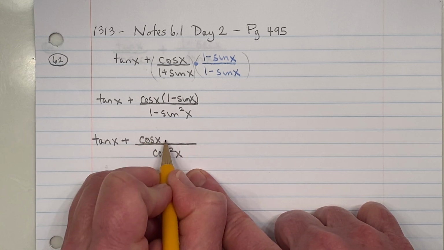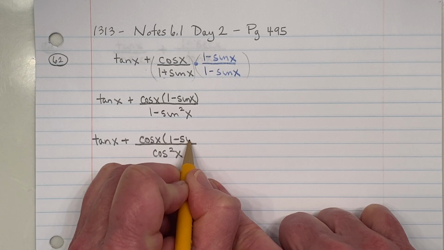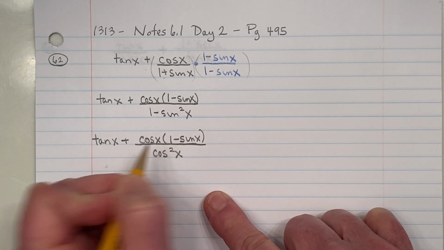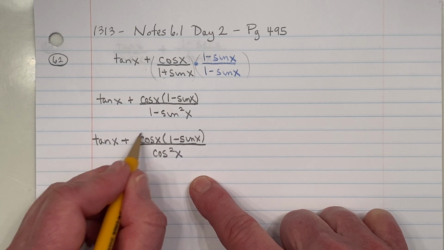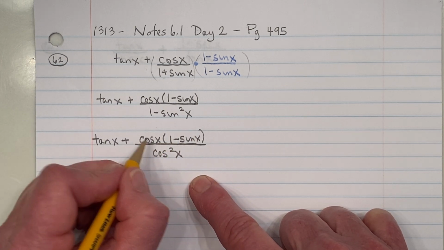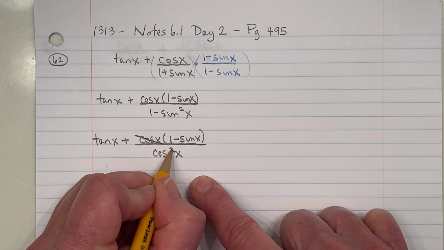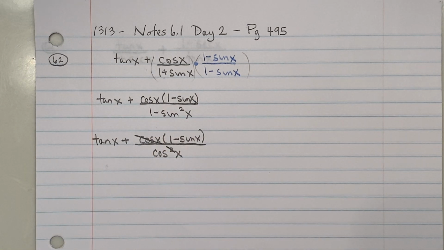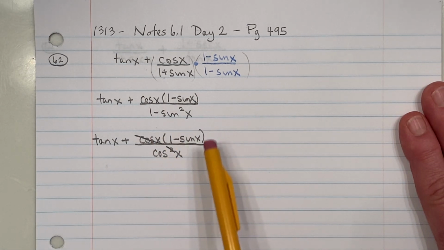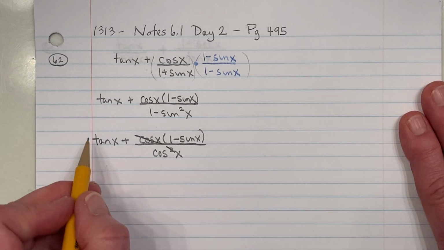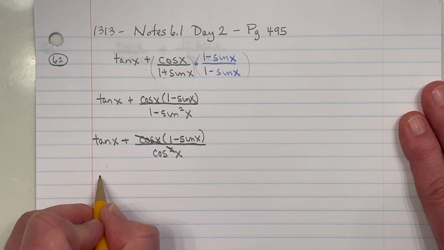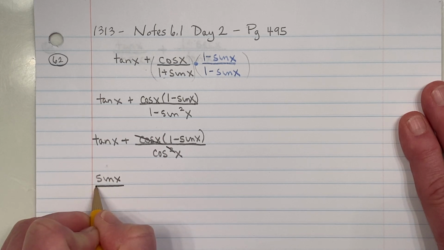I did not distribute the cosine in, so I'll just bring that down because I'm thinking ahead. Thinking, you know what? The numerator's factored. I can divide out this cosine with one of these here. Then I'm thinking, well, I still have a fraction here, but it looks a little bit better. Now I'm going to come over here and change tangent to sine x over cosine x.